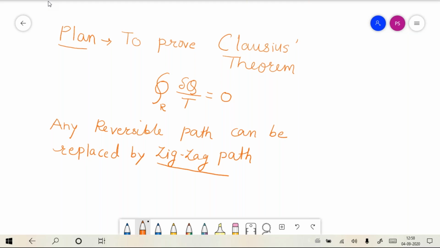And because we have already proved that these two reversible adiabatics cannot intersect with each other, there has to be some process in between.